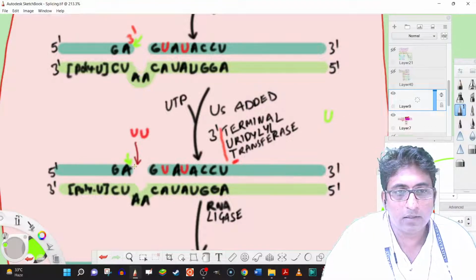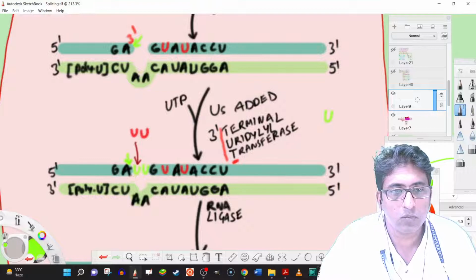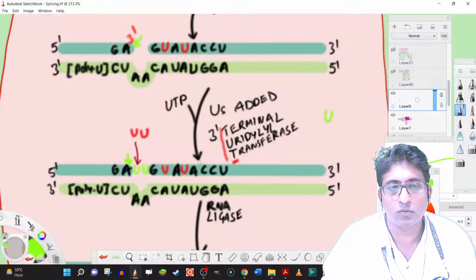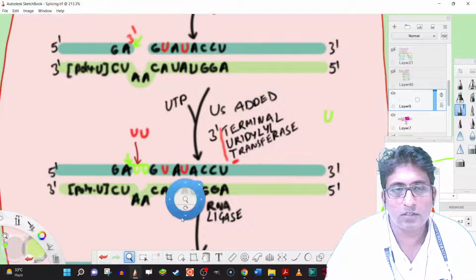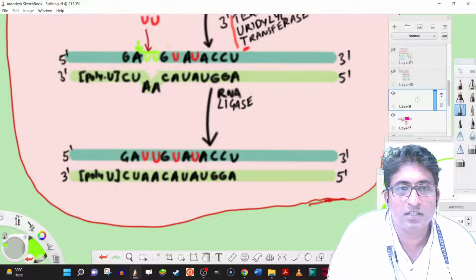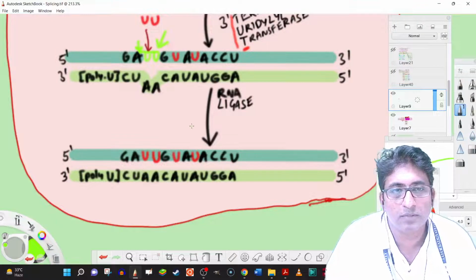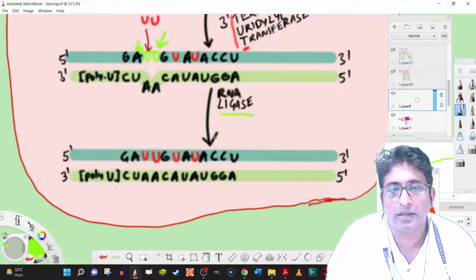So it would add the two uridines in this location. It's transferring. And there is no more space. This is continuous, and we would still need the nick that is present in this location to be filled up, and that is done by an enzyme called RNA ligase.